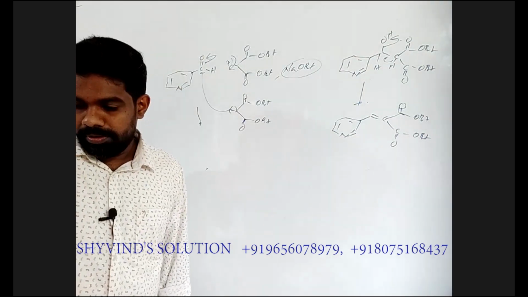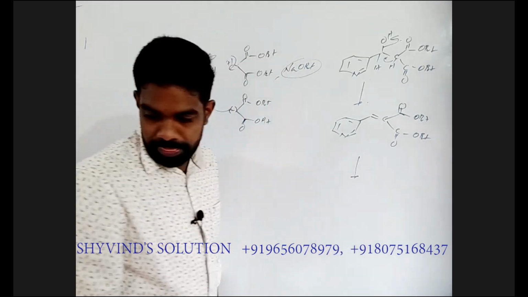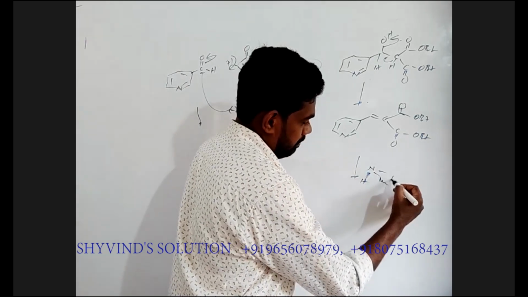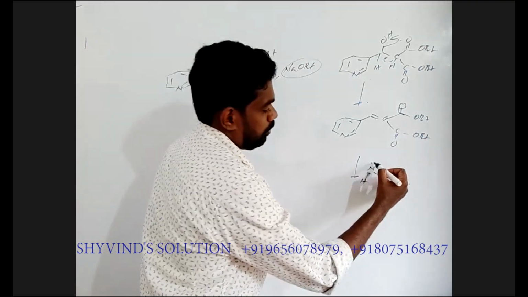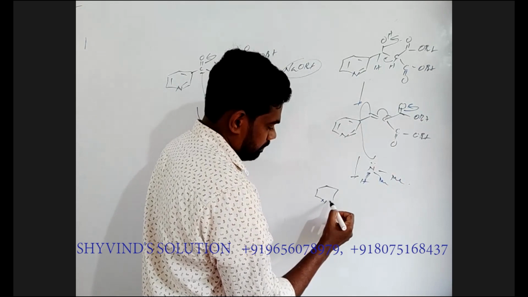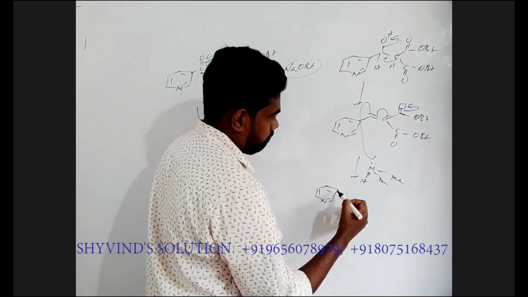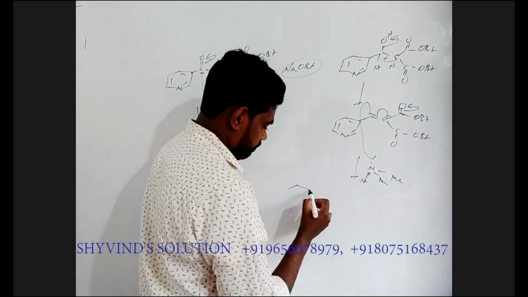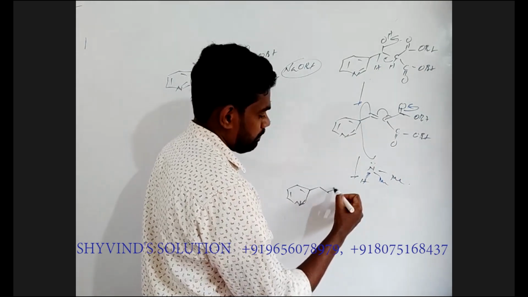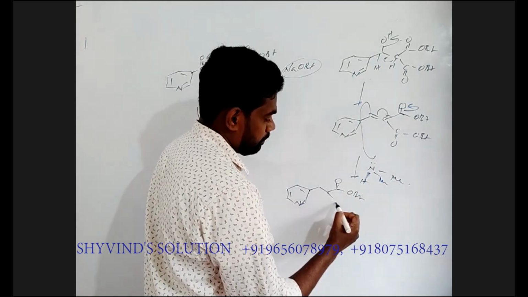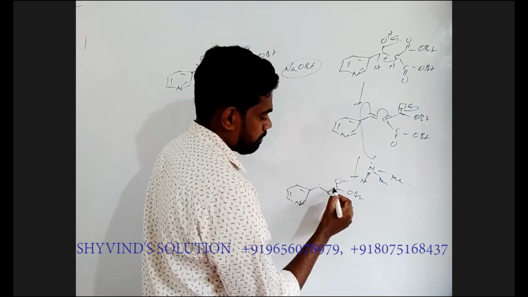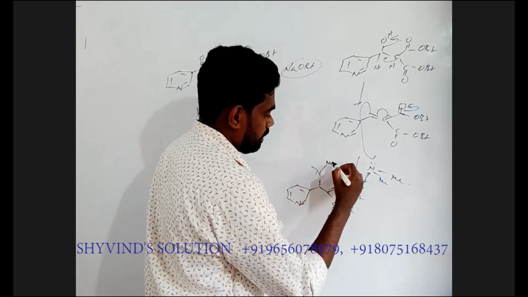Okay, so now what is the second reagent given? NHMe is the second reagent given. So we know it will undergo 1,4 addition like this. Okay, so the product will be OEt and Me.